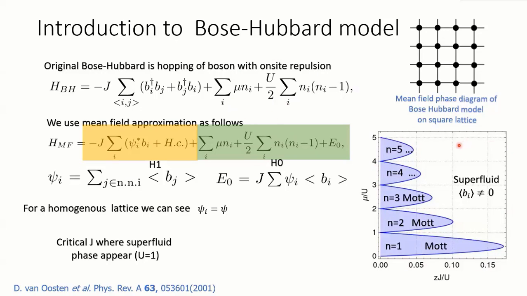We can see a somehow universal phase diagram, which has two different phases, Mott phase and superfluid phase. In the Mott insulator phase, there is a gap, and all of the sites are occupied with one integer boson, but in the superfluid there is no integer filling of the site, and the site has overlap of different integer fillings.